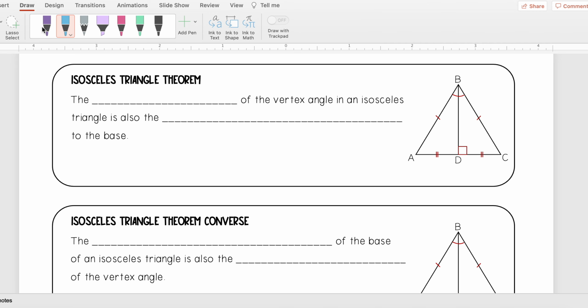In this video, we're going to go over two more theorems and some examples of using these theorems.